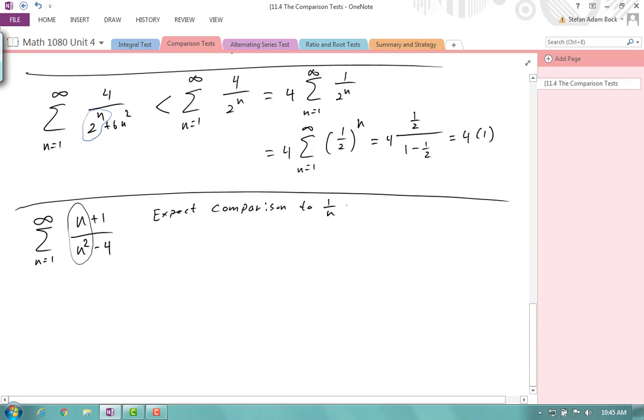But this might be difficult to do with the direct comparison, because I need to find something. Let's see, if I want to compare to 1 over n, I need to make this series smaller until it looks like 1 over n. Basically, I need my original series to be larger than the series of 1 over n, because that's what I need to declare divergence for the comparison test.